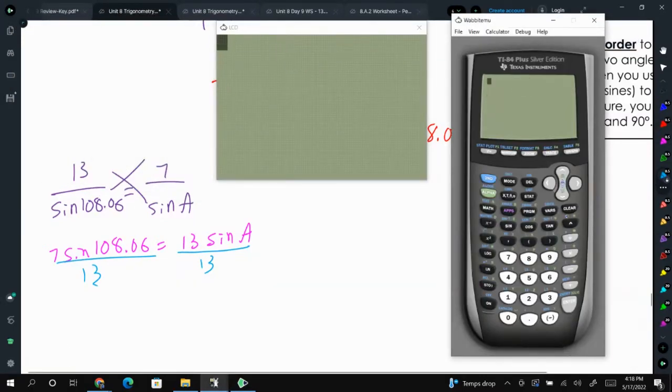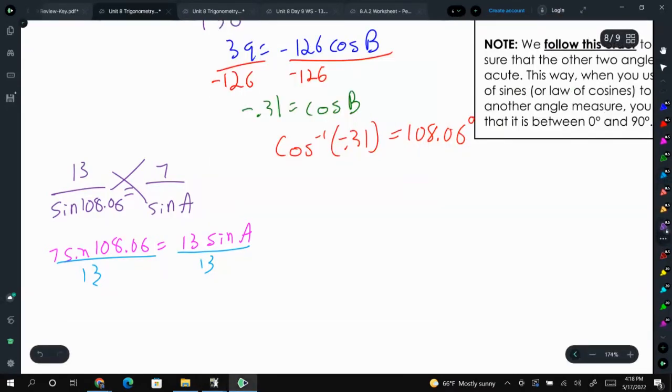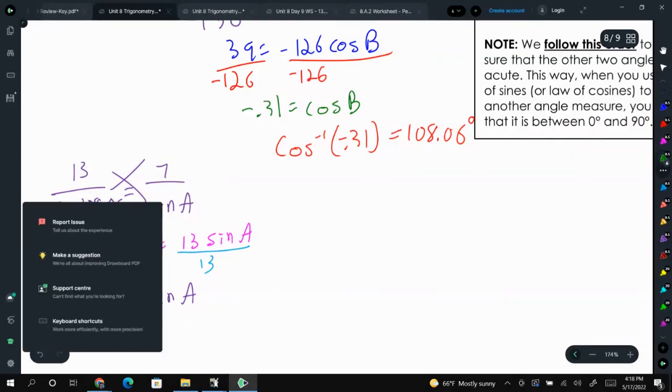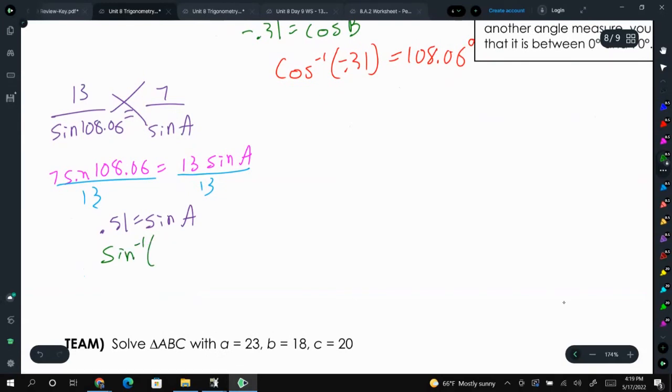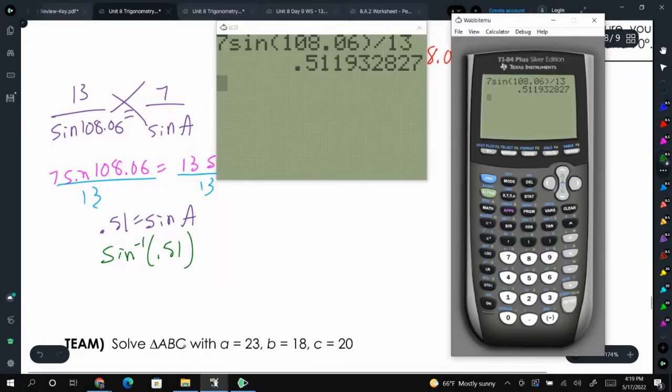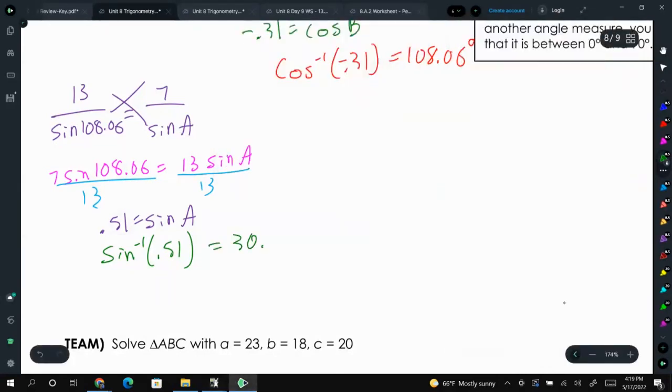So then in the calculator, 7 times the sine of 108.06 divided by 13, that's 0.511. 0.51. So 0.51 equals sine of A. So then we will do the inverse sine of 0.51, and we get 30.66 degrees.